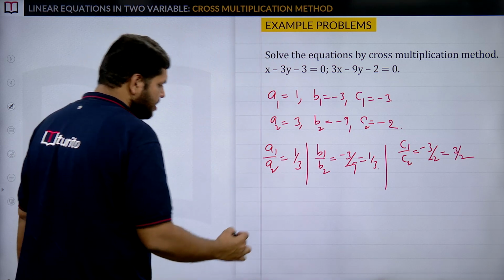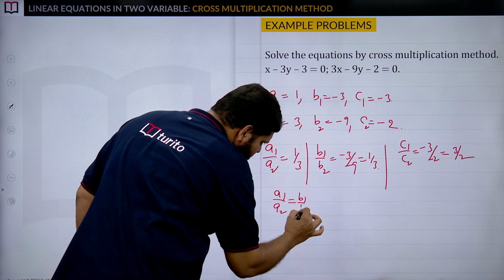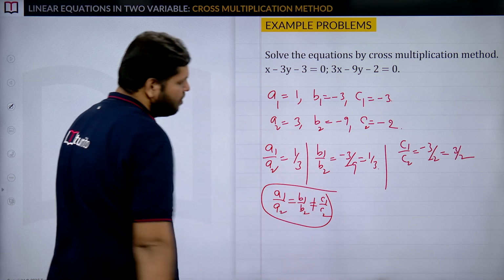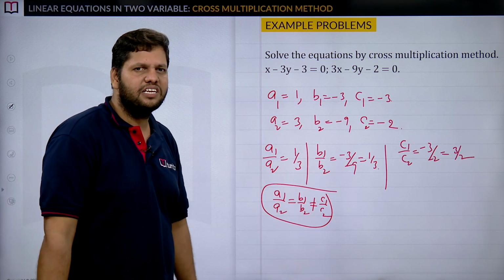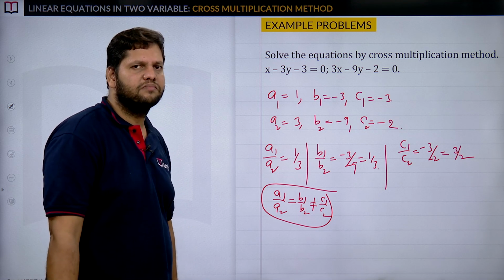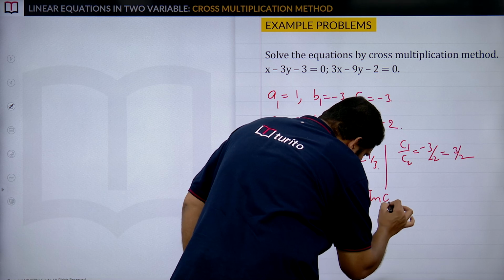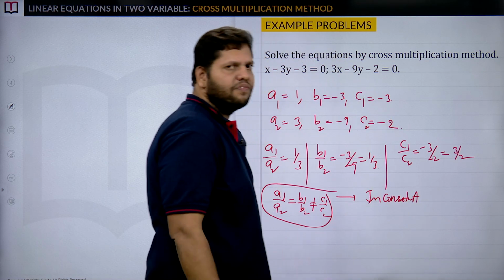Children, I can say clearly, A1 by A2 is equal to B1 by B2, which is not equal to C1 by C2. So, A1 by A2 equal to B1 by B2 not equal to C1 by C2 means, can I say it is inconsistent, children? Yes or no? So, we can say it is inconsistent. So, when it is inconsistent, what is the solution, children?